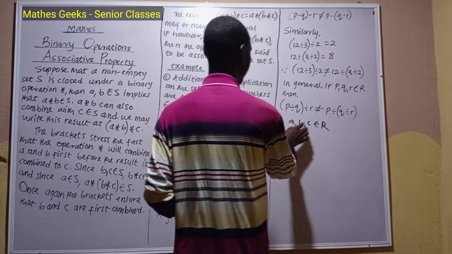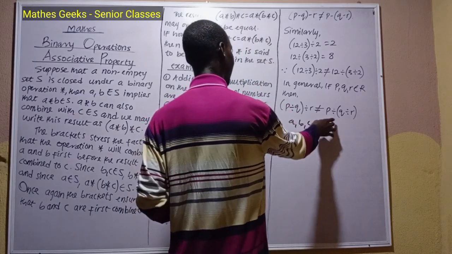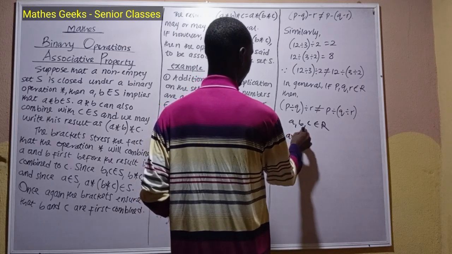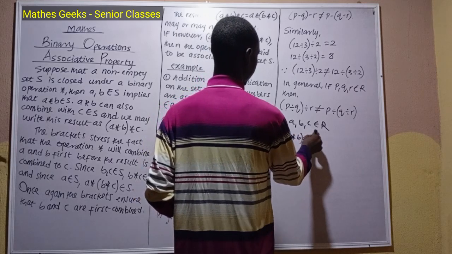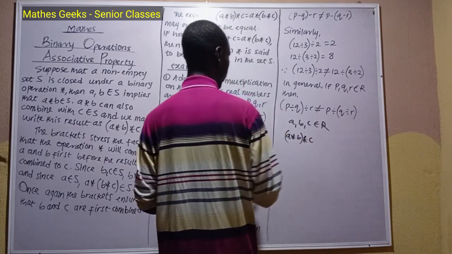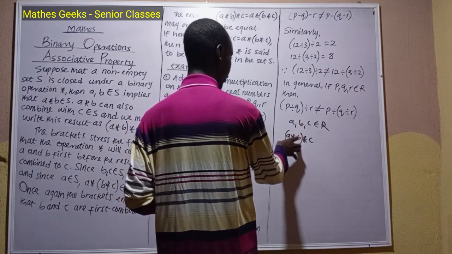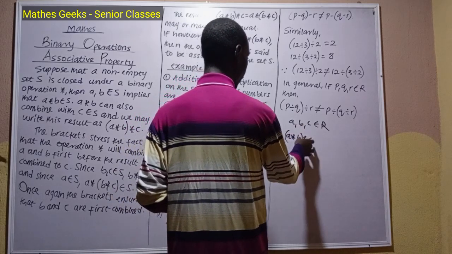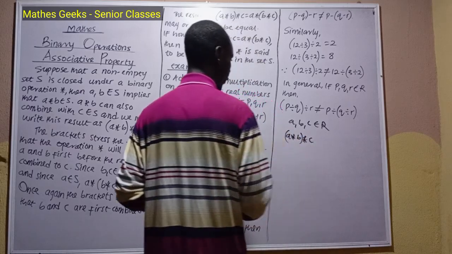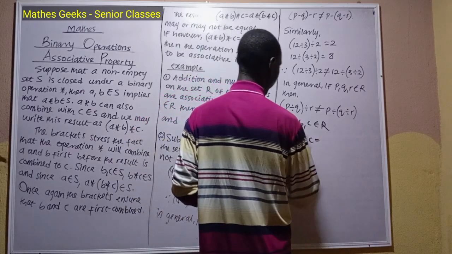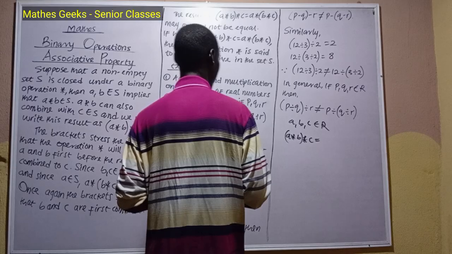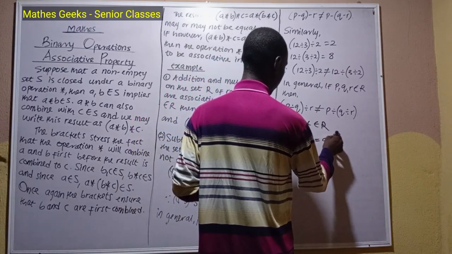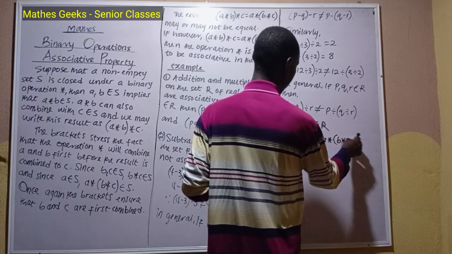So if you take A, B, C, which are members of the set R, and combine them, we will have (A star B) star C. This implies that A combines with B first, then the result of A operation B will combine with C thereafter. Then for the associative property to hold, (A star B) star C must be equal to A star (B star C).